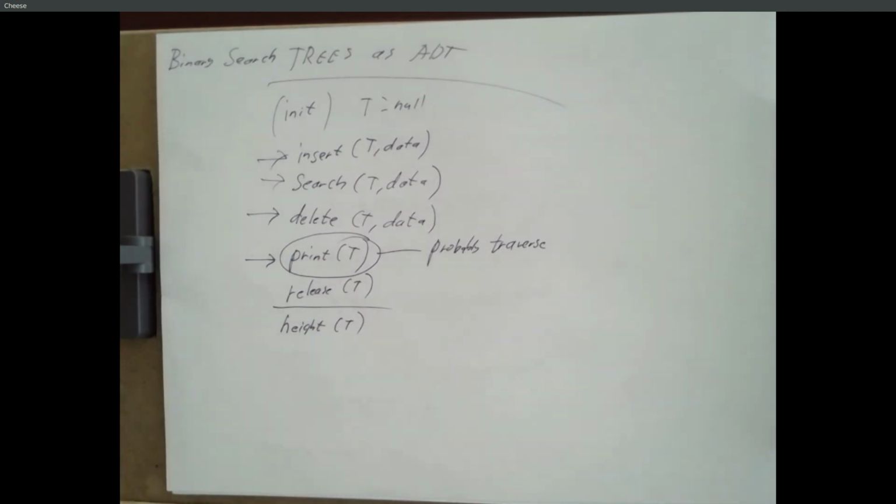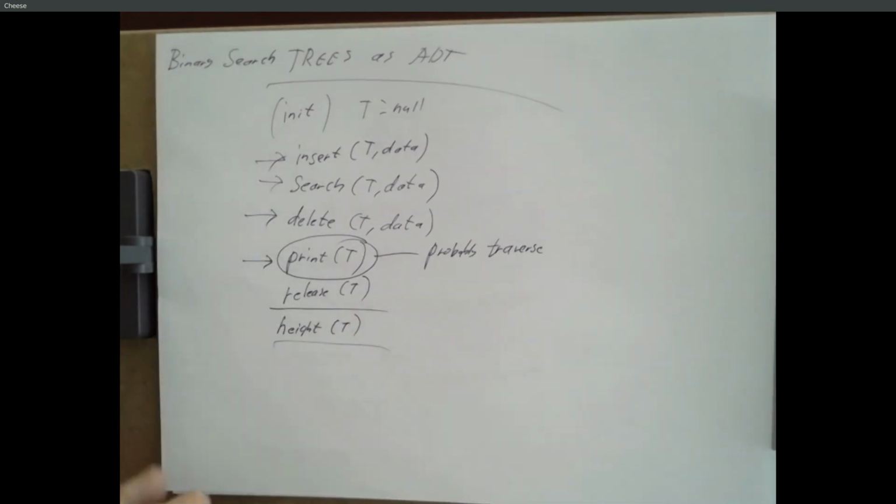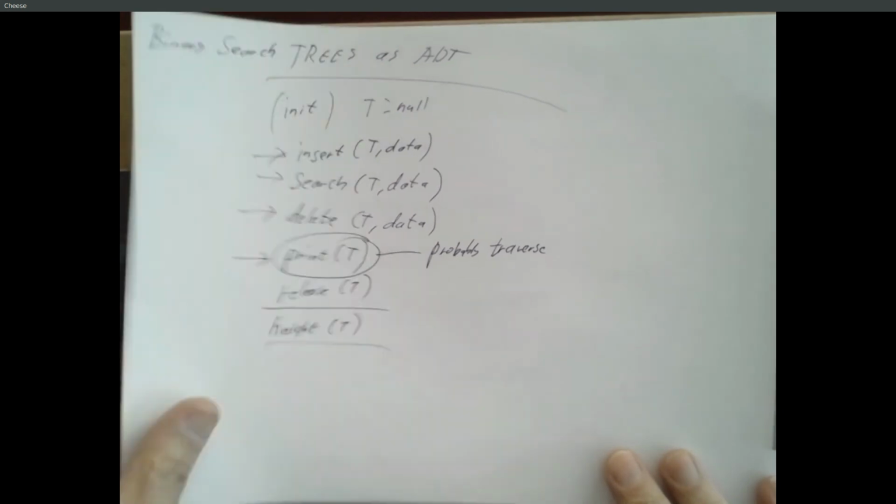And then we may want to be able to do some analysis on a tree. For example, determining the height of a tree. And remember, the height of a tree is the depth of the deepest node. And it's useful to be able to know what the height of a tree is, because height corresponds roughly to how much work we have to do to, say, search this tree.